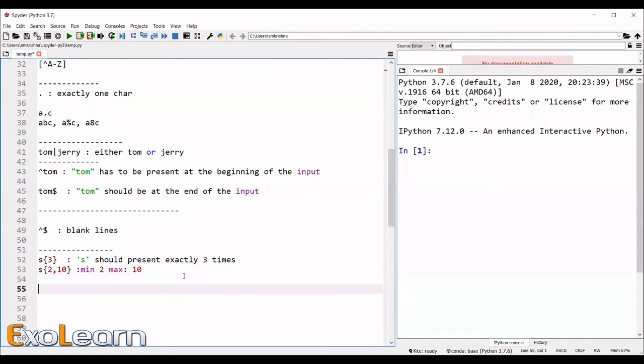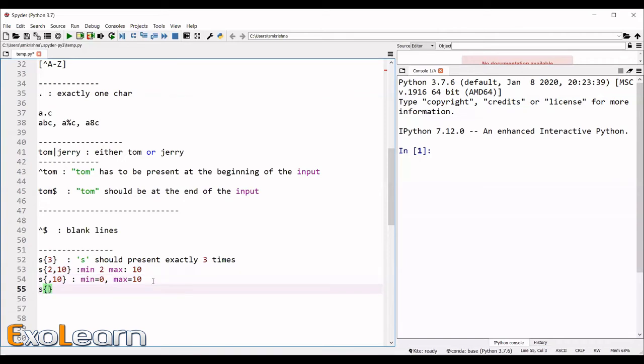Similarly, if I am missing the lower boundary and I am just saying comma 10, it means minimum occurrences is 0, maximum will be 10. That means this is also representing an optional S.